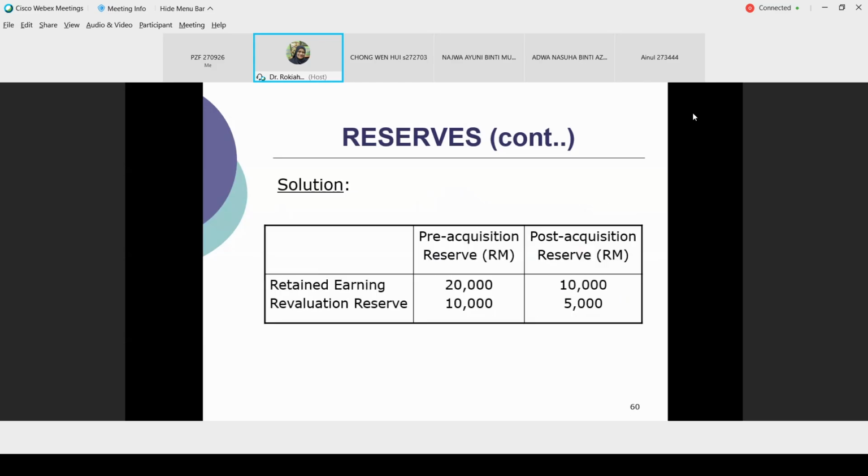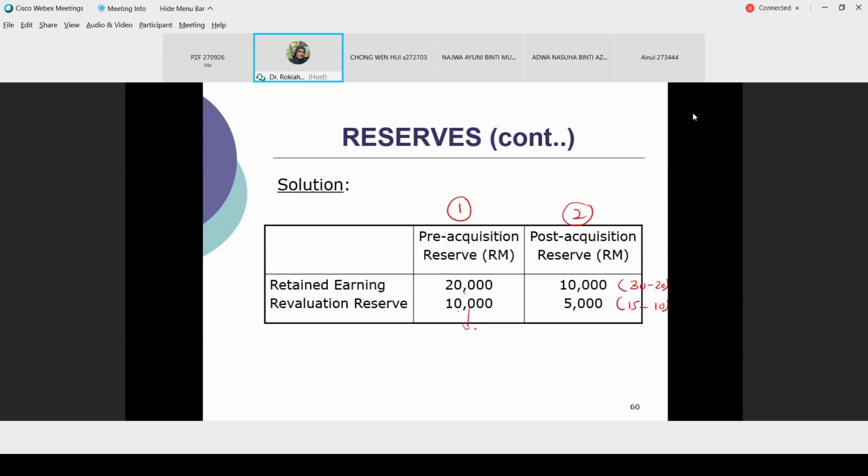Now we need to classify the reserve into two: pre-acquisition reserve and post-acquisition reserve. For pre-acquisition reserve, retained earnings we have 20 and revaluation reserve we have 10. For post-acquisition reserve, it becomes 10. Where do we get this? 30 minus 20. And this one, 15 minus 10.